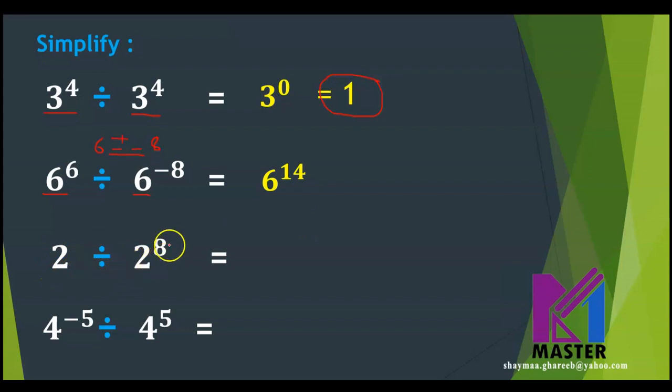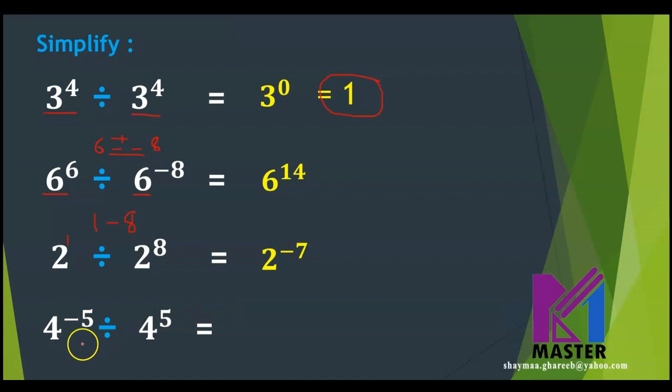2 divided by 2 to the power of 8. The power here is 1. I'm going to subtract 1 minus 8, which is negative 7. Then the answer will be 2 to the power of negative 7. Remember, we keep the base number as it is and we subtract the powers, the first power minus the second power.